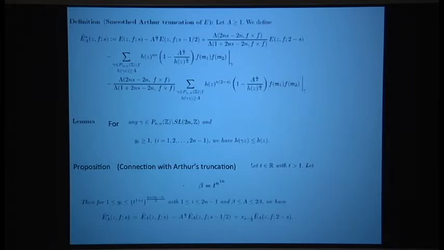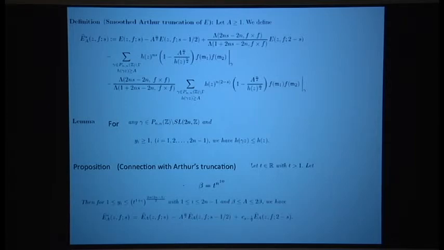So here's a proposition. If our truncation parameter A is like t to the n to some big power, and y_i is less than t to that power times 2n minus 1, our modified truncated Einstein series is related to Arthur's truncated Einstein series by this identity. Why this is true is just because of the lemma.